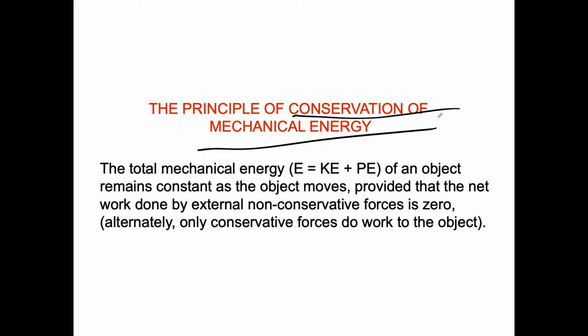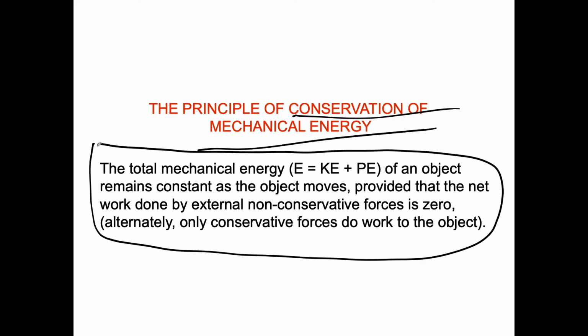Now, if all those derivations confused you, don't worry. Just try to understand the following statement. This is the principle of conservation of mechanical energy. First, we define mechanical energy as kinetic energy plus potential energy.